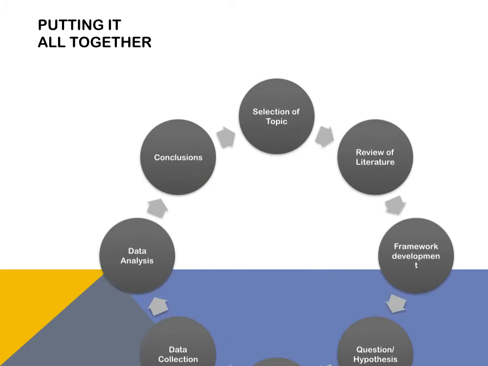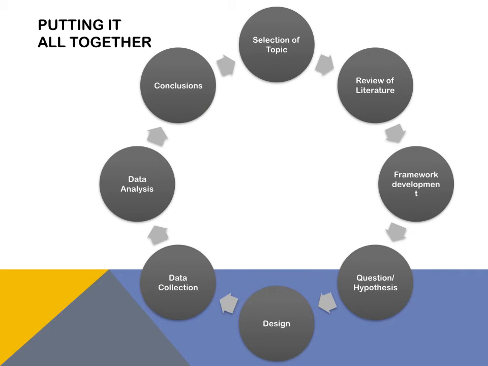Let's put it all together. So, as I mentioned, it is circular. We select our topic. We develop our thinking about a particular topic, starting with it being broad. We then go into a review of the literature, taking a look at the topic in a broad sense and narrowing it down to a focus. We develop that framework, that focus, which leads us to a question and hypothesis, a prediction of what we think is going to happen.